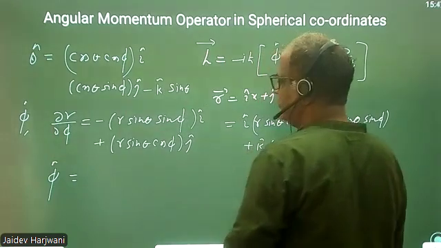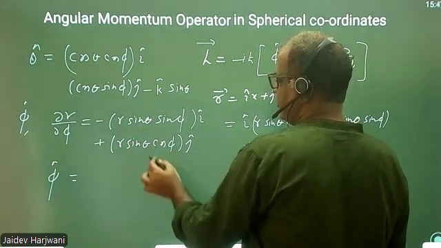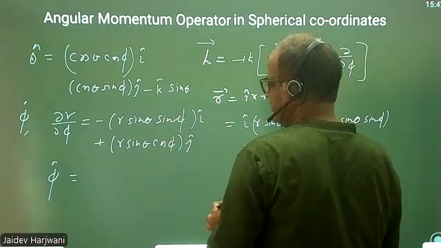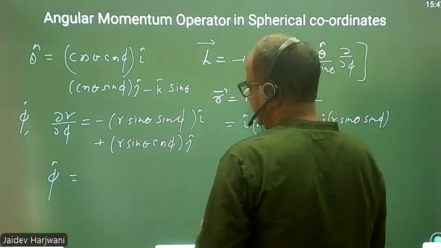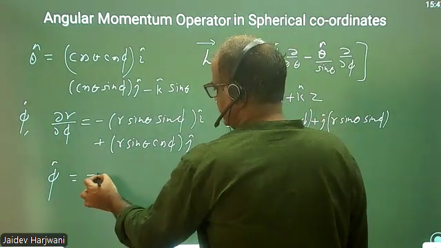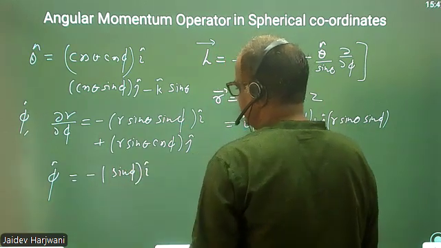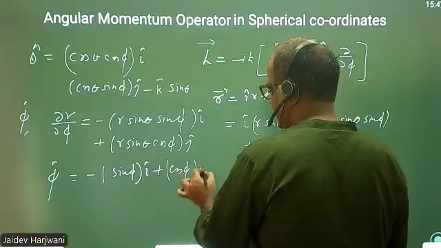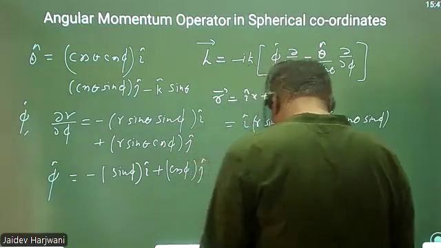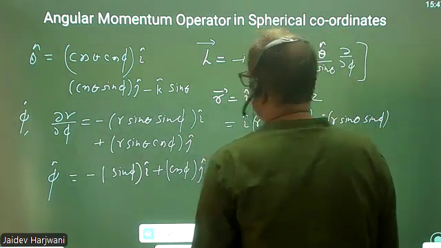For phi cap, we have to divide this by the magnitude. The magnitude is r sin theta, which comes out common, and sin square phi plus cos square phi becomes 1. So that will be divided by r sin theta. So this simply becomes minus sin phi i cap plus cos phi j cap, which is the expression for phi cap.